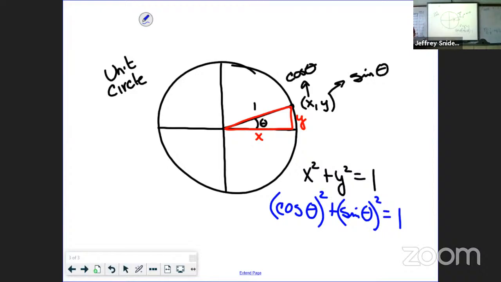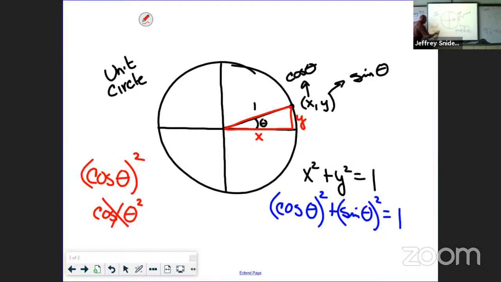Side note: I don't want to write this with parentheses, because would the 2 apply to the cosine or to the theta? It's confusing. If I write it like this, it only applies to the theta. I don't want to square the theta. I want to square the cosine of theta.